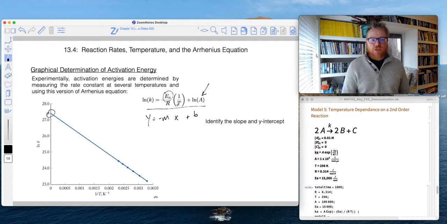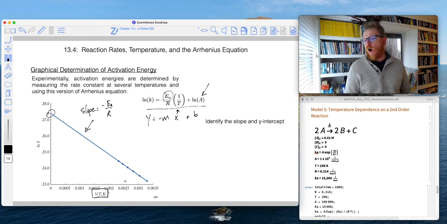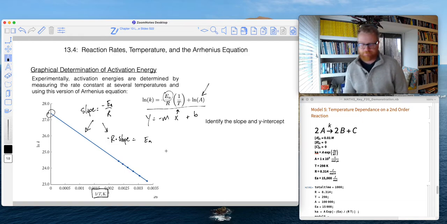The slope, as you can see, on this x-axis has been graphed as 1 over T. So if my x scale is given by 1 over T, then my slope equals negative EA divided by R. If you do some algebra here and multiply R by the slope and include that negative sign, that will give you the activation energy.